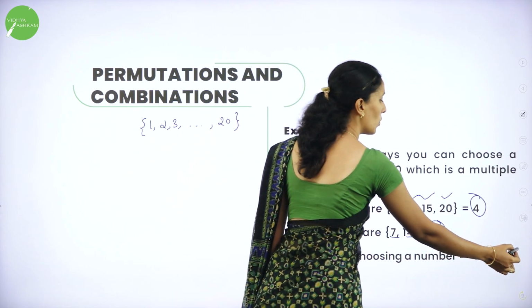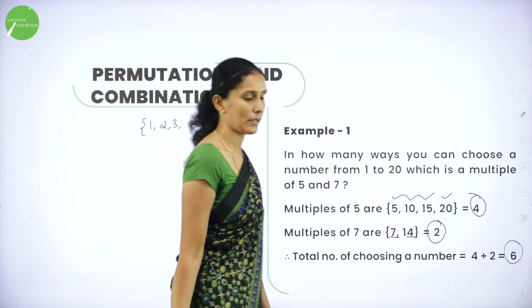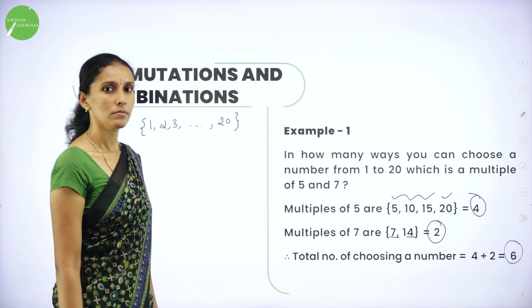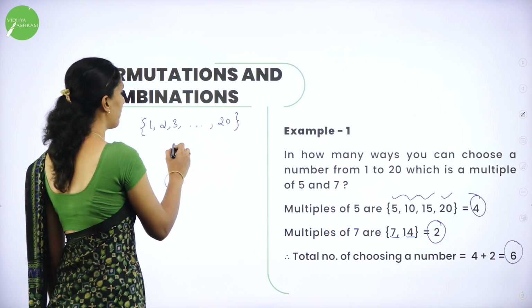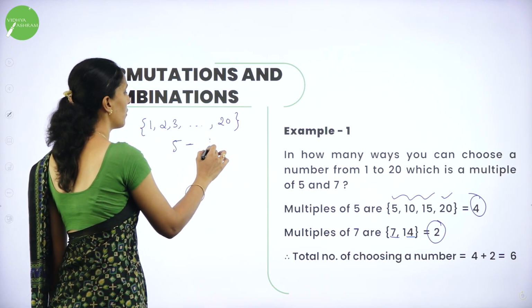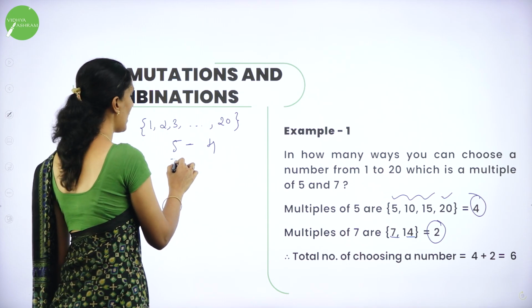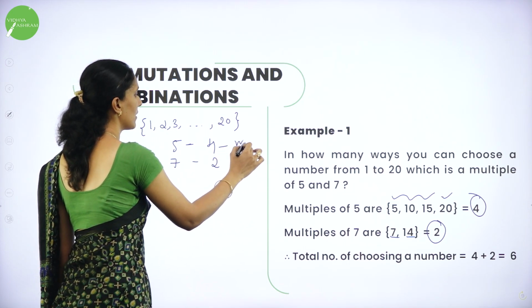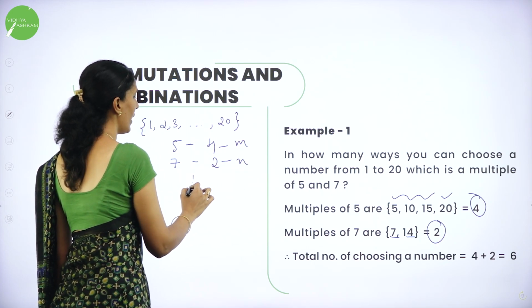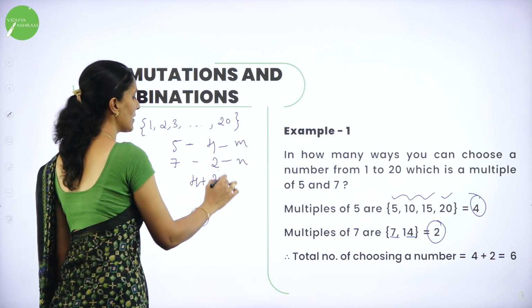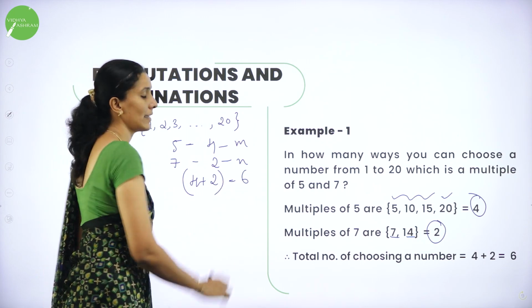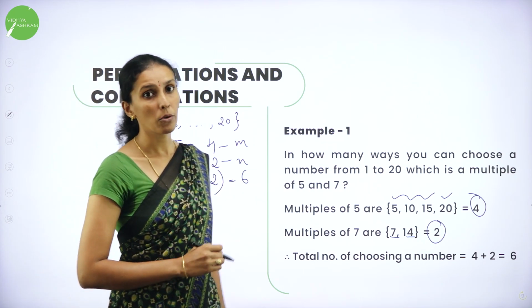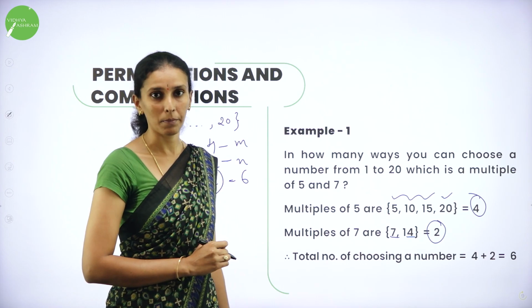So the total will be 6. So if multiples of 5 are 4 and multiples of 7 are 2, this can be written as m plus n ways, that is 4 plus 2 equals 6 ways. So this is about the sum rule in the fundamental principle of counting.